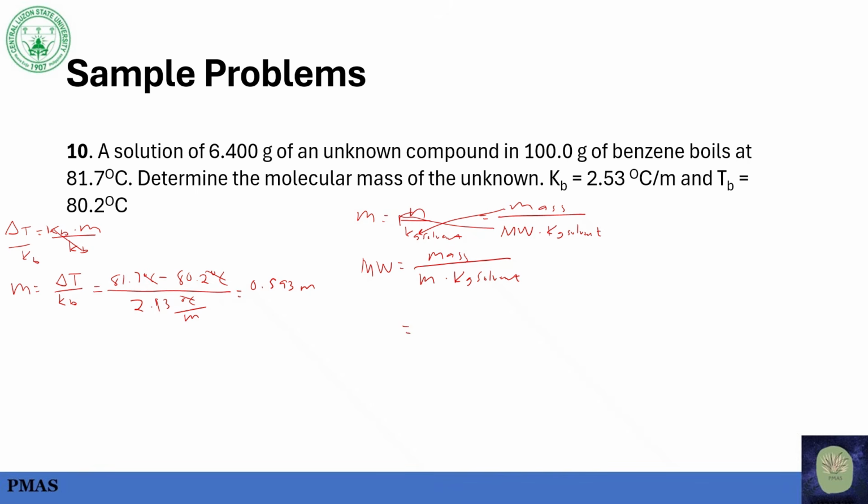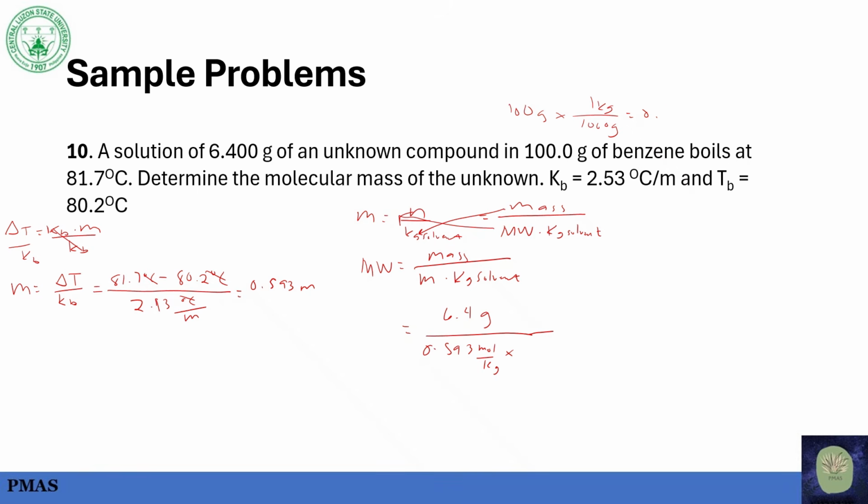Now we can use this equation. For the mass of the unknown, we have 6.4 grams and our calculated molality of 0.593 moles per kilogram, multiplied by our kilogram of solvent, which is 100 grams. So we can convert 100 grams to kilograms.